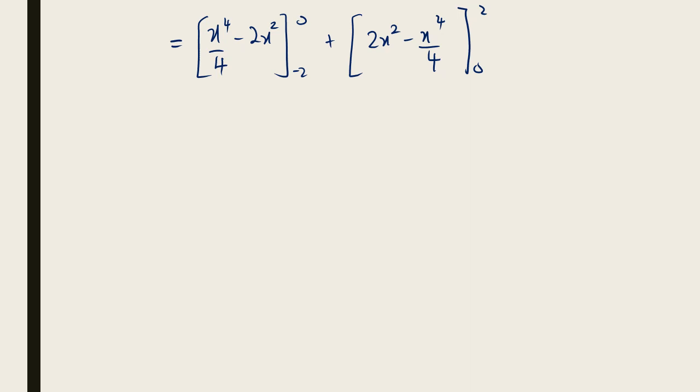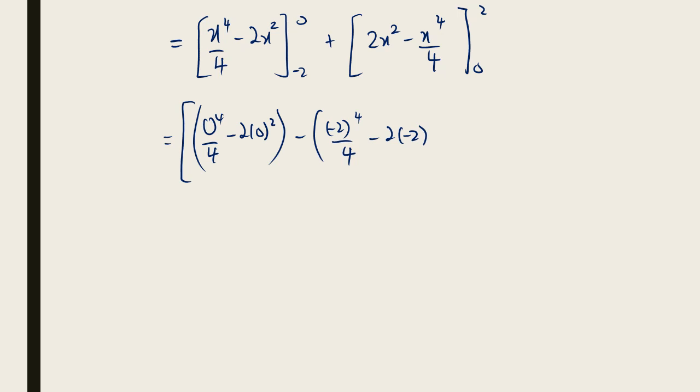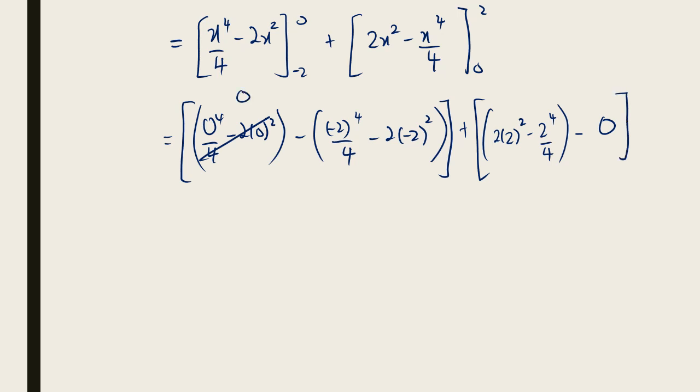So we now substitute the values: 0 to the power of 4 over 4 minus 2 of 0 squared, minus negative 2 to the power of 4 over 4 minus 2 of negative 2 squared. Then add 2 multiplied by 2 squared minus 2 to the power of 4 over 4, subtract with 0. Everything here will be 0 because we substitute 0 into x.